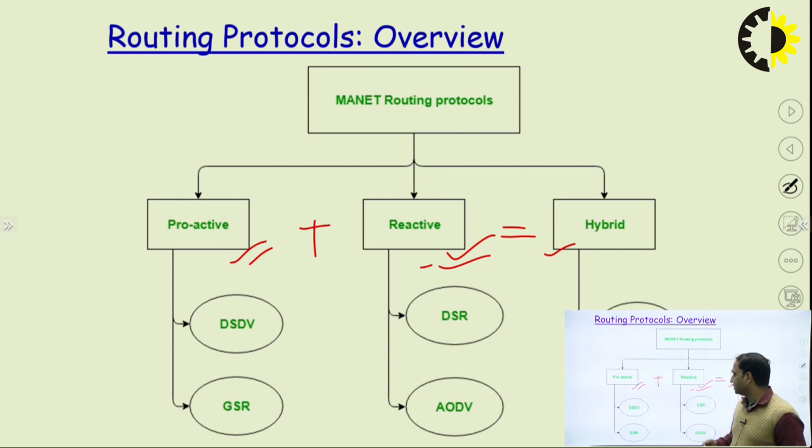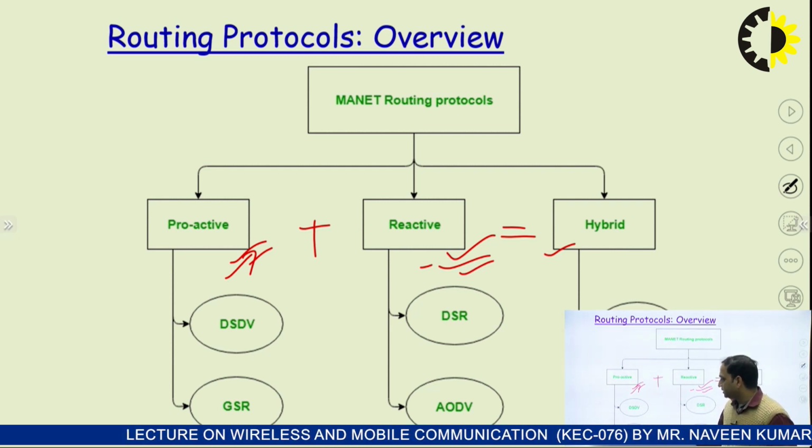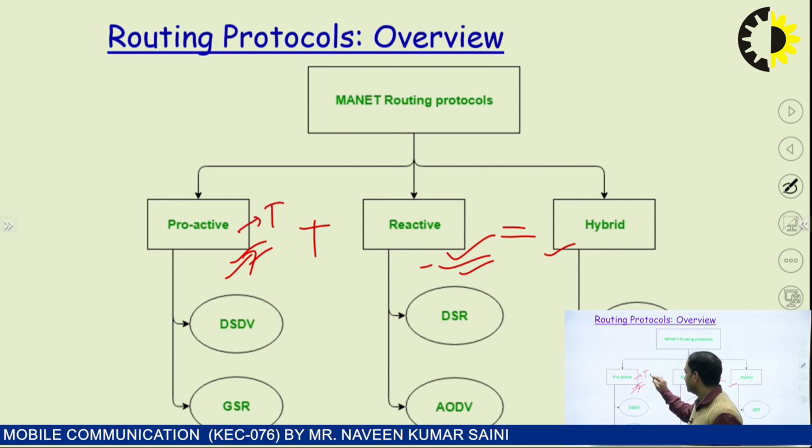It means if one node wants to transmit data to another node, it has to first discover the route, and then it will transmit the data. So it has to find the routes in the reactive routing protocol, but the route is already defined in the proactive routing protocol.